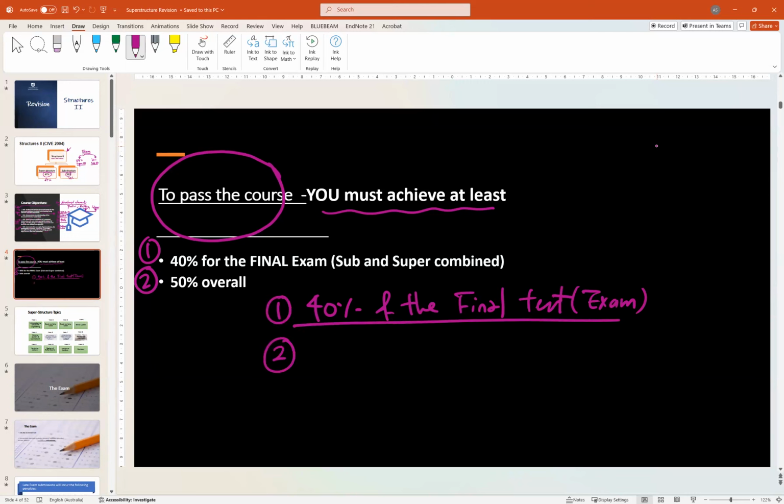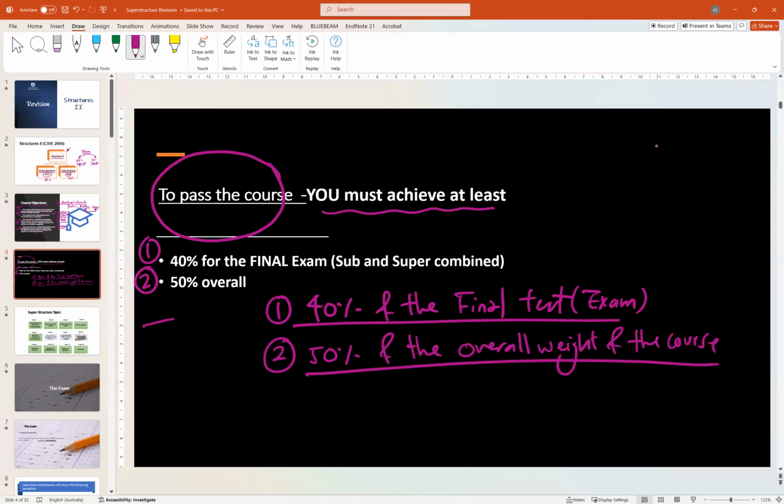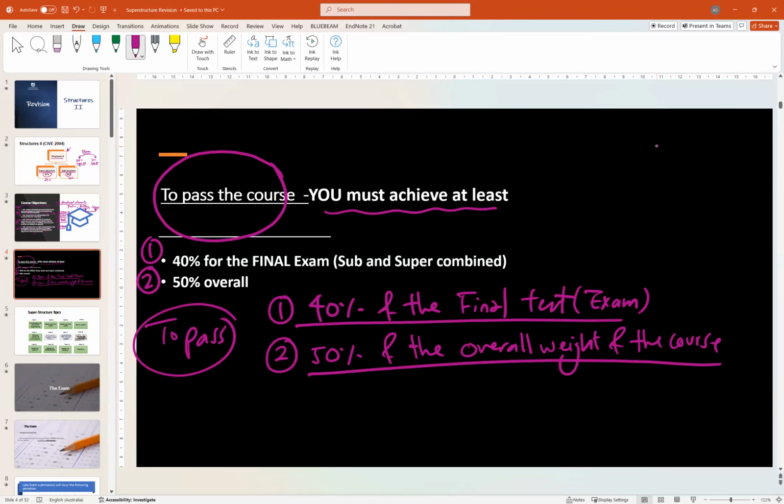And also you need to get 50% of the overall weight of the course. So this is the condition to pass the course: 40% of the final test and 50% of the overall weight of the course.